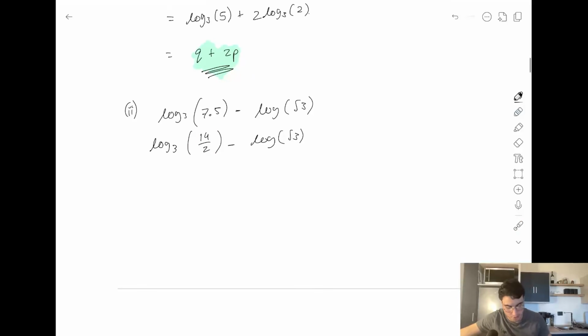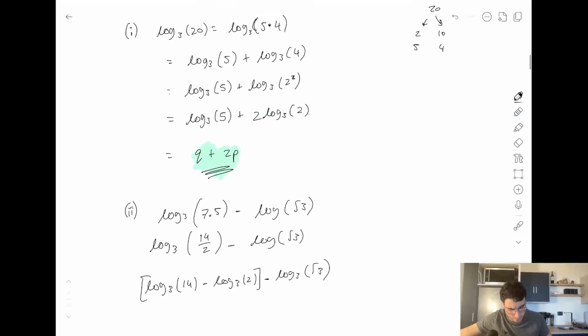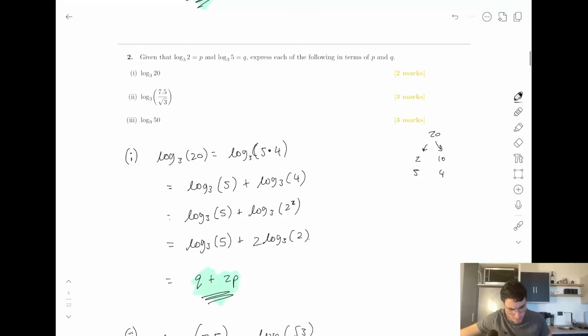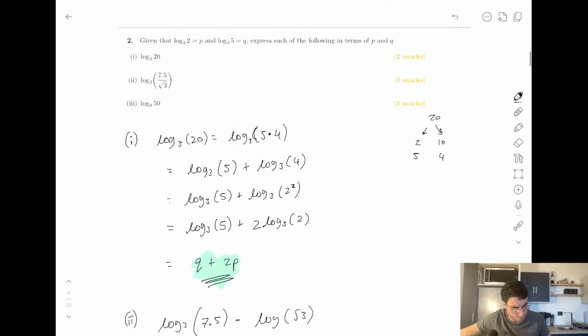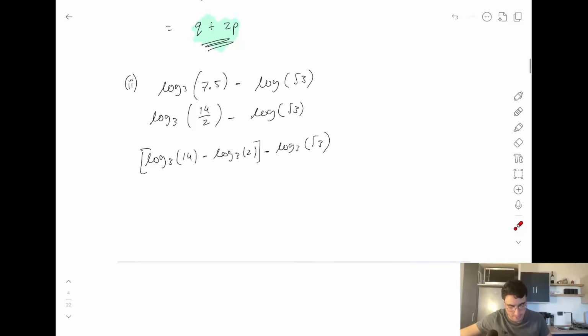Right, so if we've got another fraction here, well, log base 3 of 14, log base 3 of 2, log base 3 of root 3. I'm just going to quickly put some brackets. Just don't want to get confused. Remember what we need to put it into: log base 3 of 2 and log base 3 of 5. Those are going to be our final logs that we need.